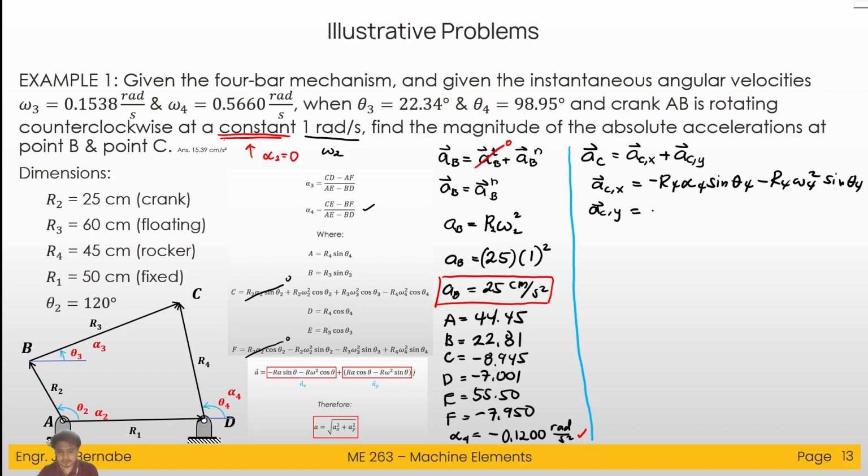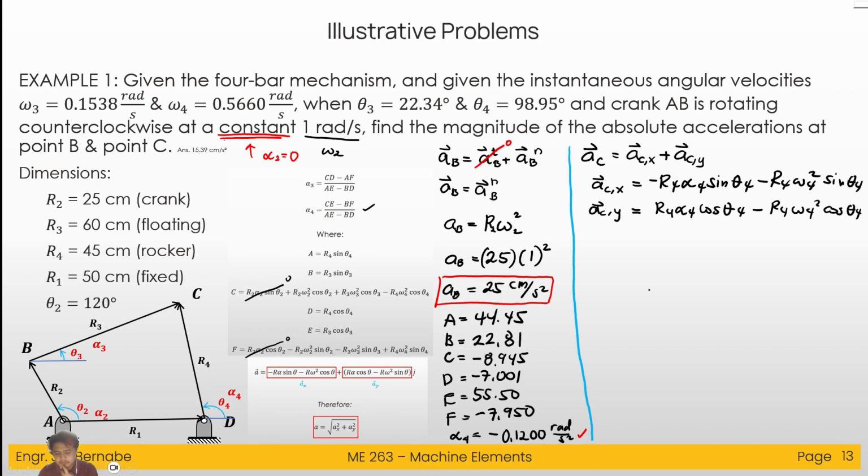And then for the y component, it is also the same. It is just in the cosine function, and the first term will be just positive. So you have r4 alpha 4 cosine theta 4 minus r4 omega 4 squared, sorry, not sine but cosine theta 4.